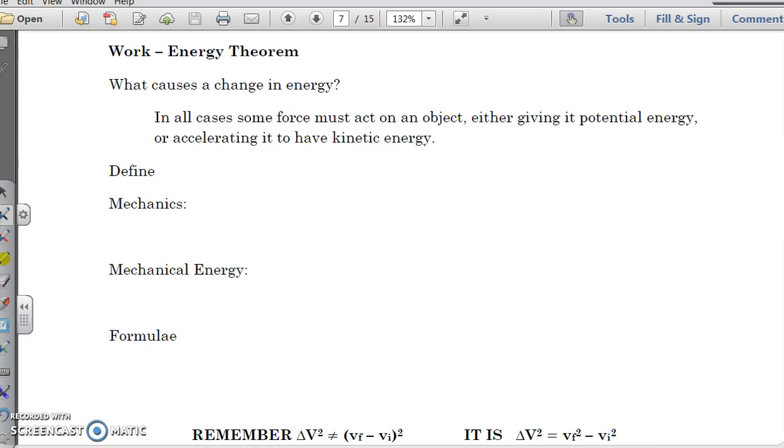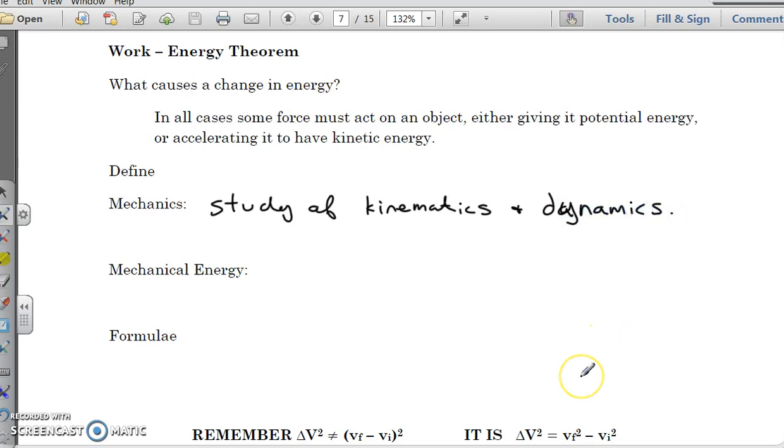The first one being mechanics, which is essentially the study of kinematics and dynamics. Kinematics and dynamics, the study of how things move, and the study of motion itself.